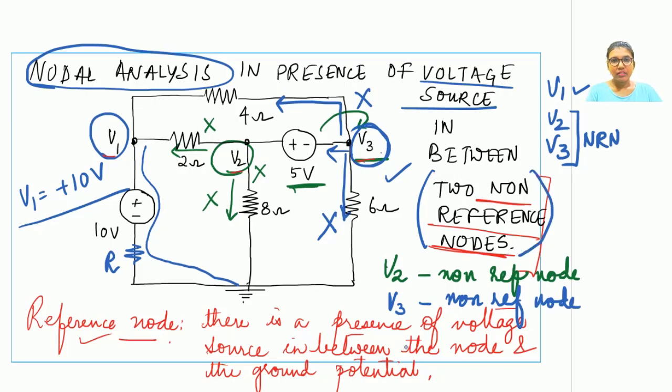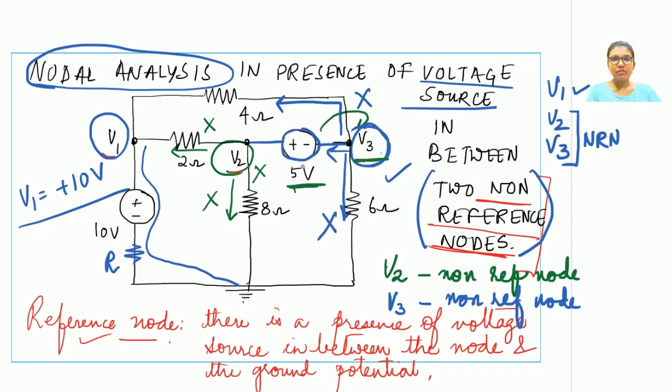By this time, we already know the meaning of non-reference node. V2 and V3 are together termed as non-reference nodes. So is there any voltage source present in between those 2 non-reference nodes? Yes, we can see a voltage source present in between those 2 non-reference nodes.